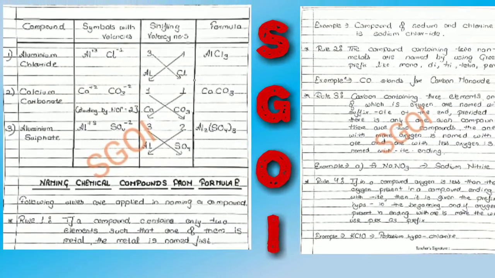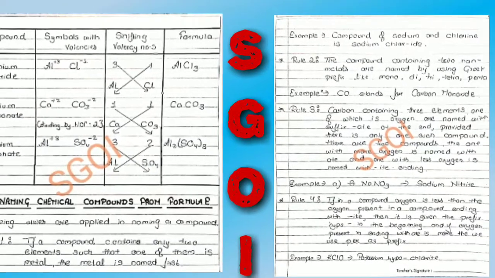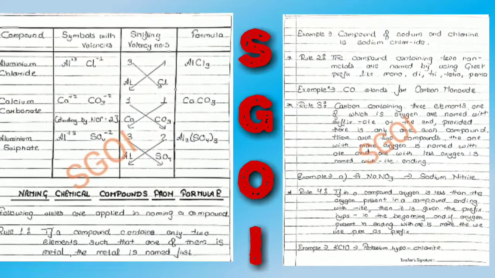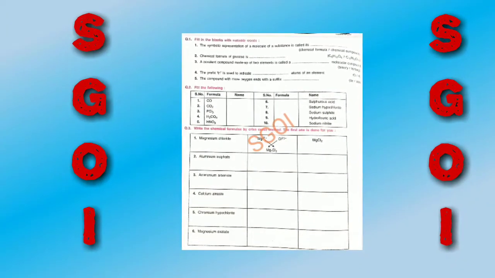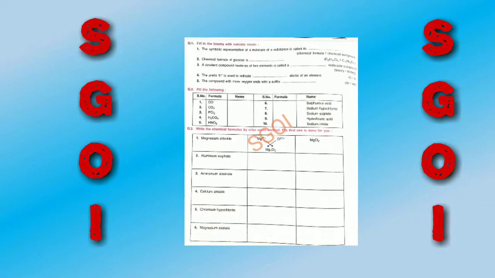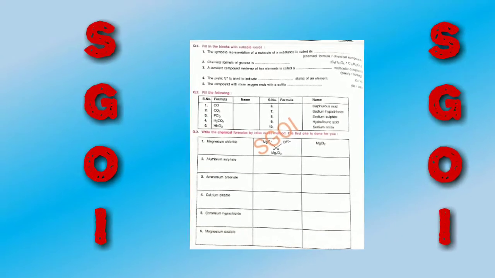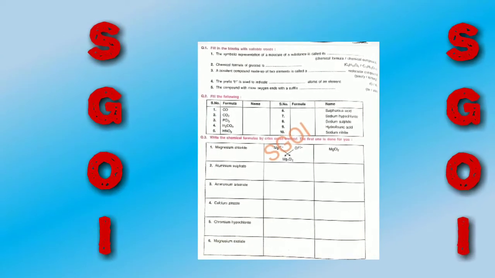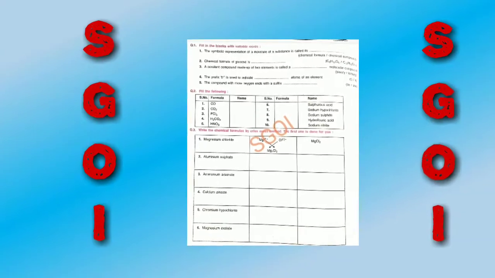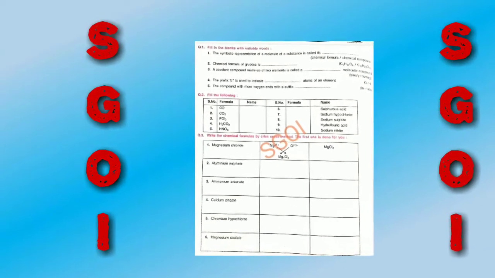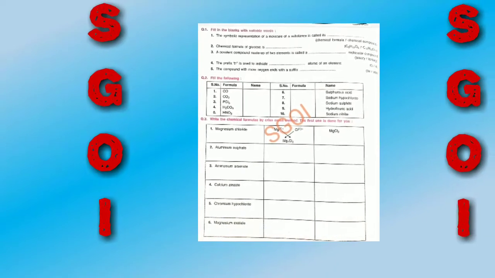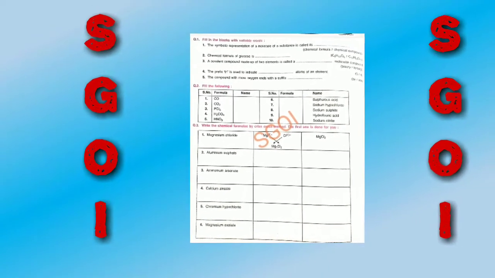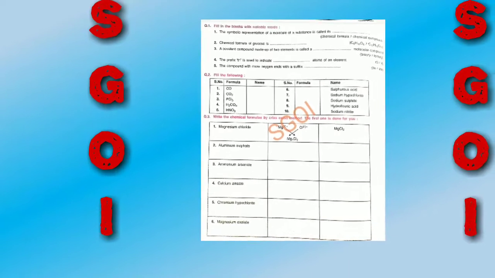Student, today I am giving you some practice problems. The first one is to fill in the blanks with a suitable word. There are 5 questions, and in brackets there are 2 options, one correct and one incorrect. You have to put the appropriate answer in the blank.